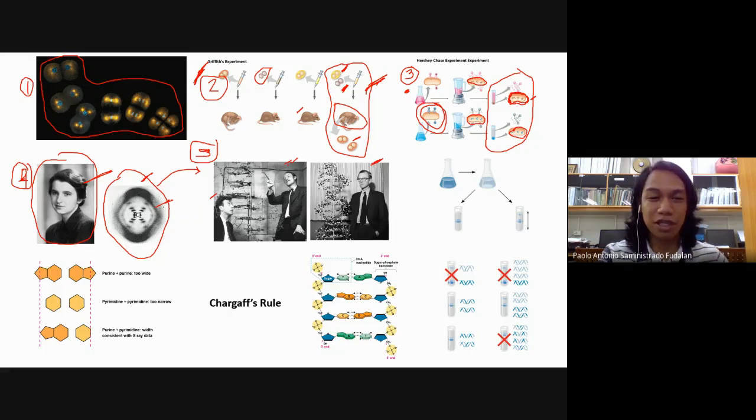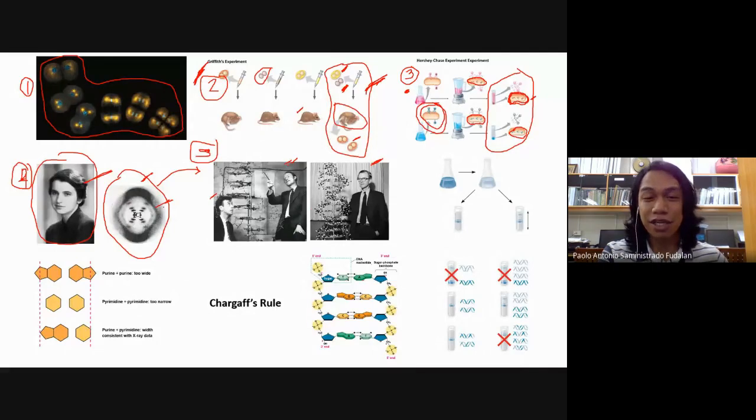And we also know that it contains nucleotides, and the nucleotides have the phosphates and the sugar backbone, particularly the deoxyribose. And then the rungs will be made up of nitrogenous bases: adenine paired with thymine, and cytosine paired with guanine.